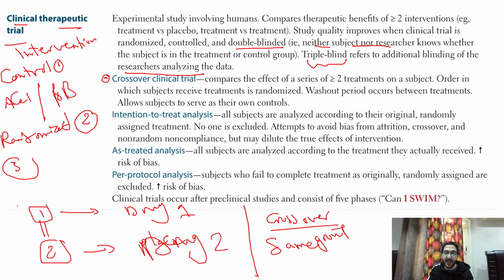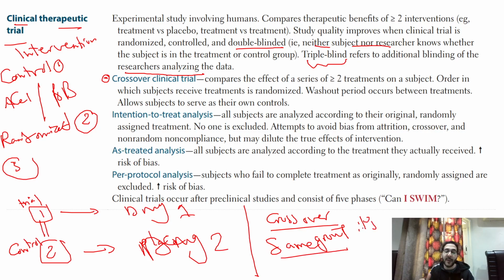By the way, group one was the trial group, and the second group, which will take the placebo or the other drug, is called the controls. Okay, so in the crossover, you make the same group its own control.